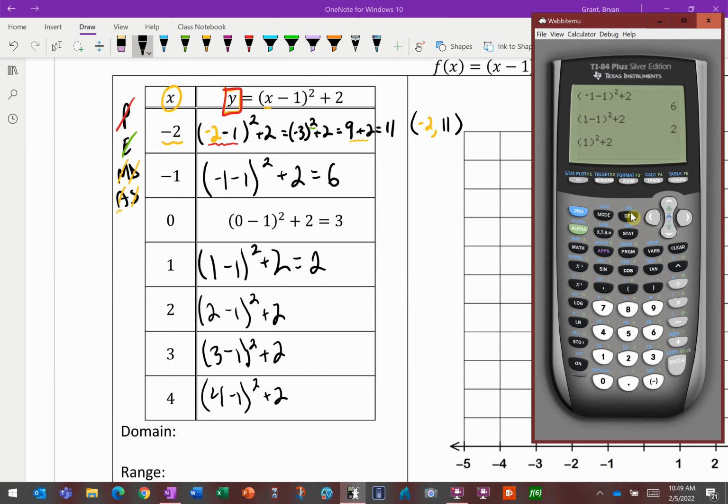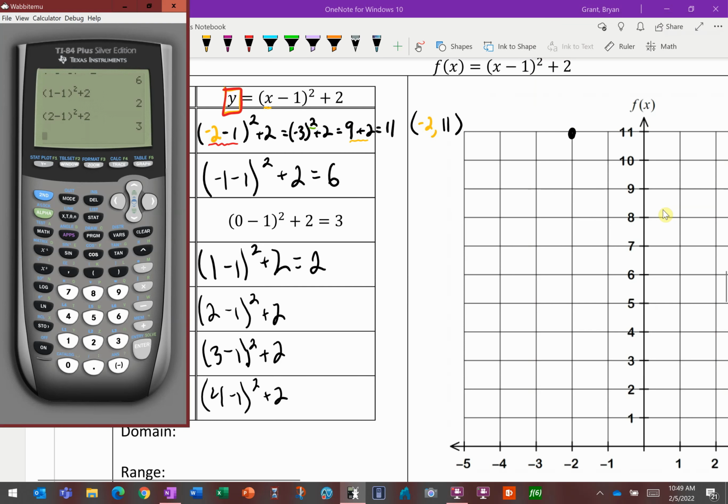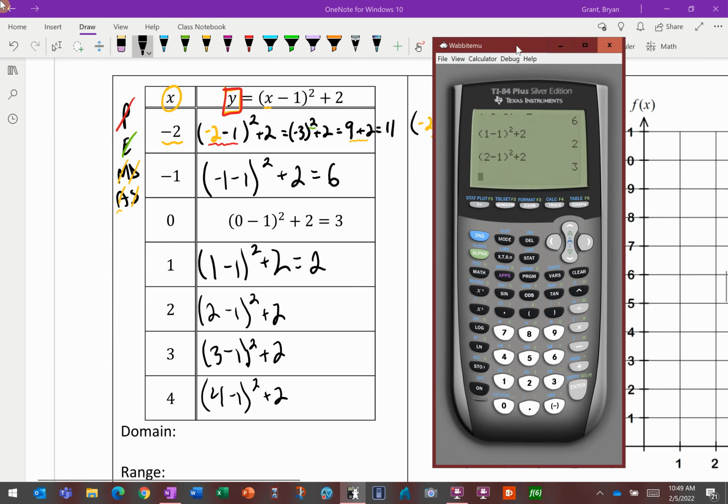It's going to let you insert numbers in front of that. And so I'm going to do a 2, it didn't delete the 1, and then a minus, and now I can go over and we're back to normal. 2 minus 1 squared is going to be 3, and I'll do one more just so I can remember those. We got 3.